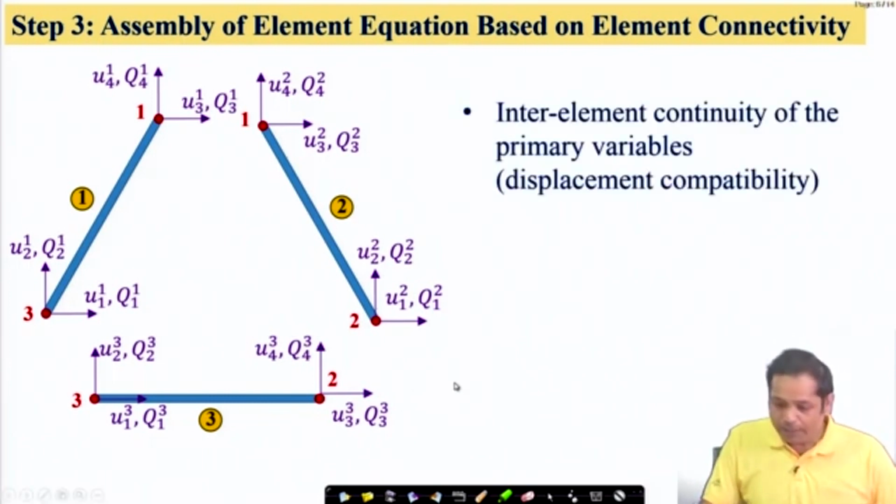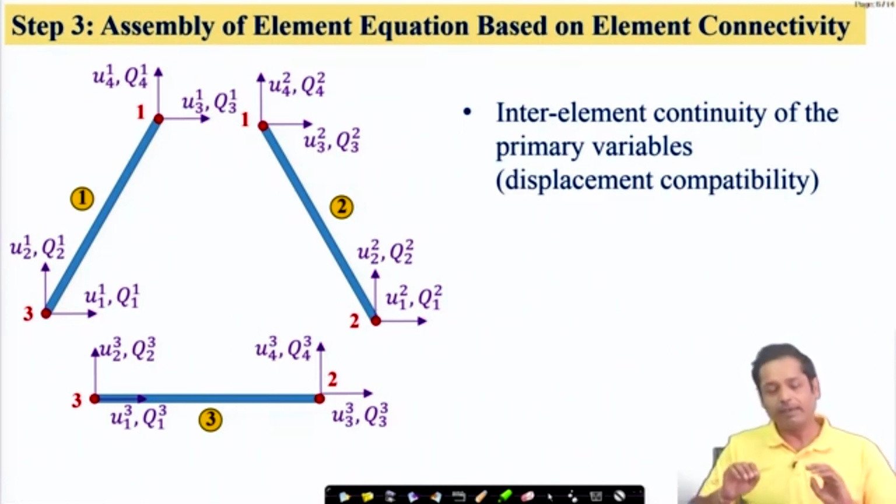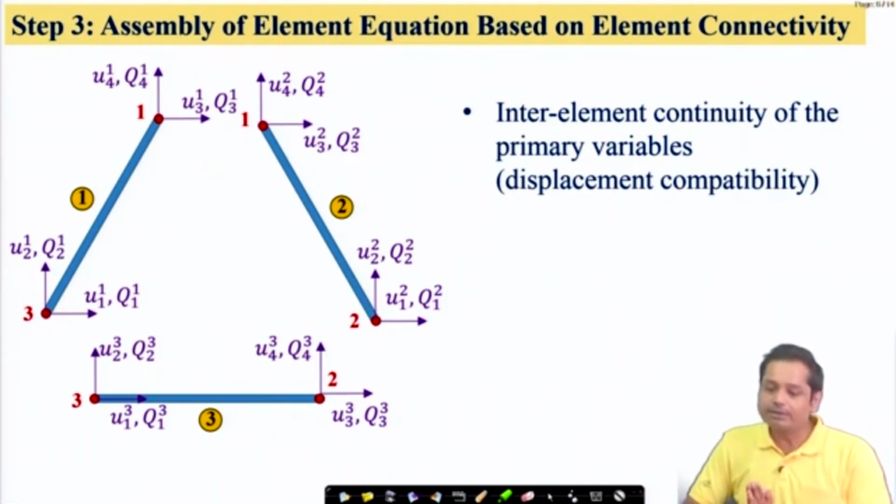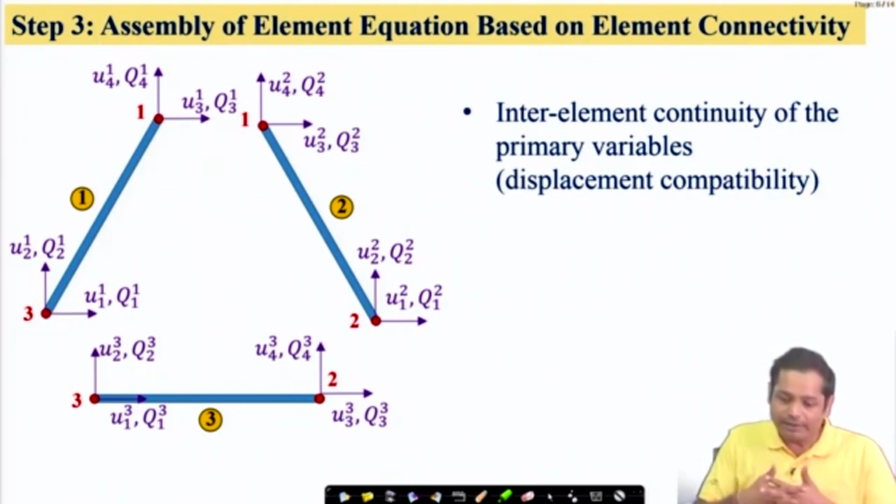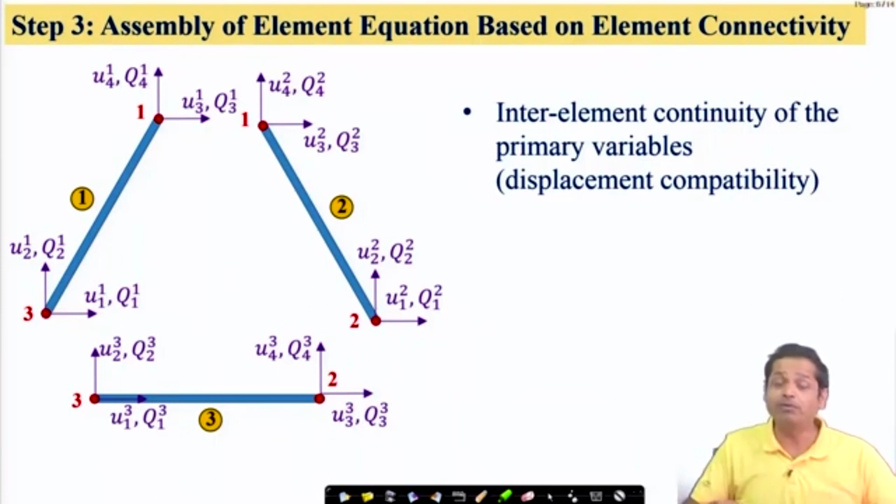Now there are two important criteria to be satisfied when we assemble them. When we wrote the element level equations in the discretization step, the first step, we divided the entire domain into small elements, right? Now it is the time to join all these elements again.